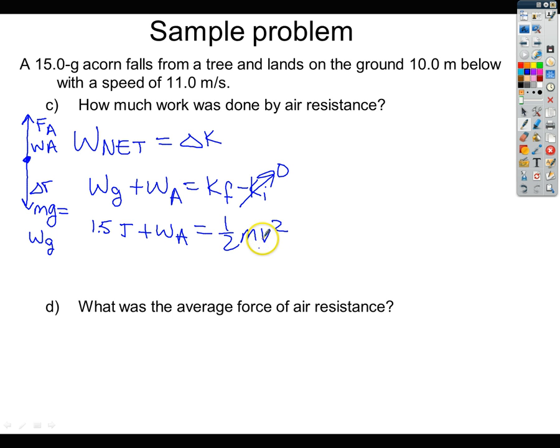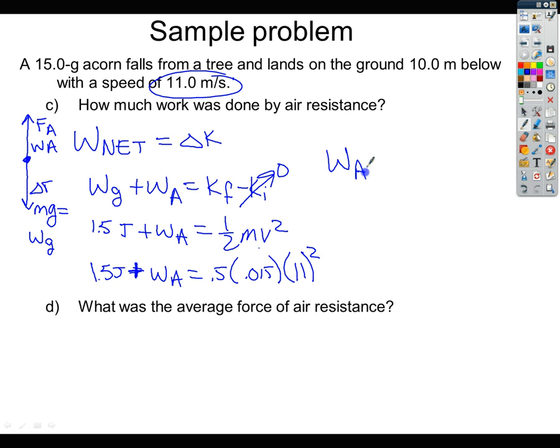This is the original 11, so that's the speed we'll use. So 1.5 joules plus WA is equal to 0.5 times 0.015 times the original speed with air resistance of 11, squared. When you get done, you should end up with work due to air resistance equal to negative 0.5925 joules.